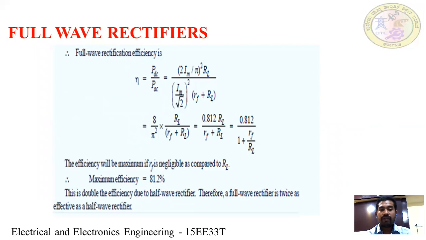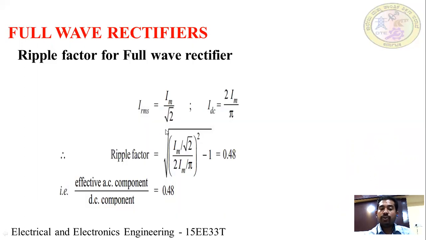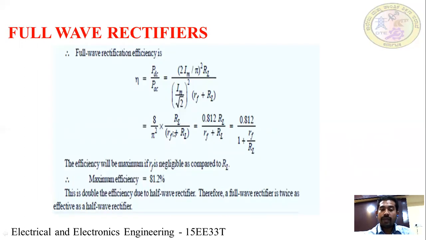For full wave rectifier, the efficiency is given by efficiency equal to PDC by PAC. If you substitute these values, 2Im by pi whole square into RL by Im by root 2 whole square into RF plus RL, that gives 8 by pi square into RL divided by RF plus RL, which is equal to 0.812 RL divided by RF plus RL, that is 0.812 divided by 1 plus RF by RL.